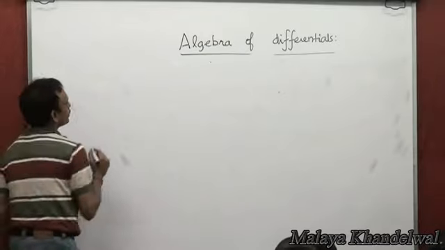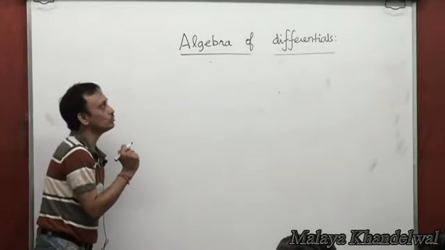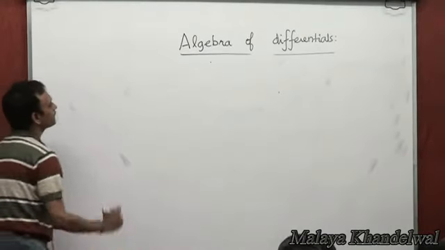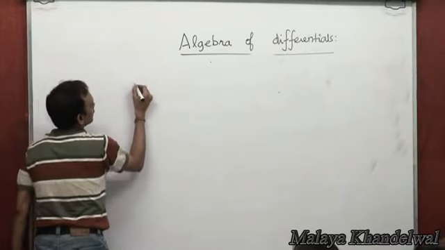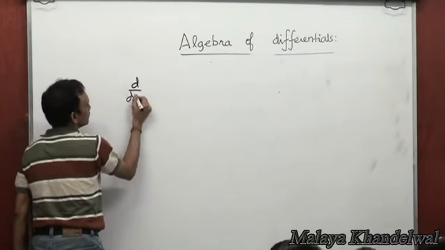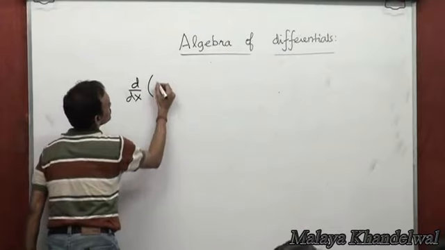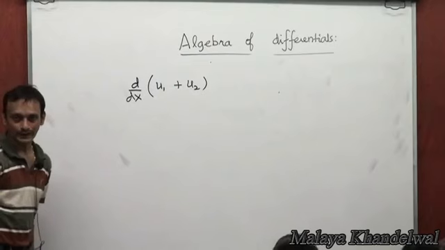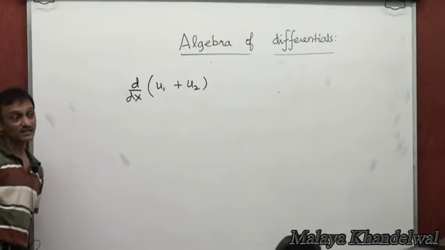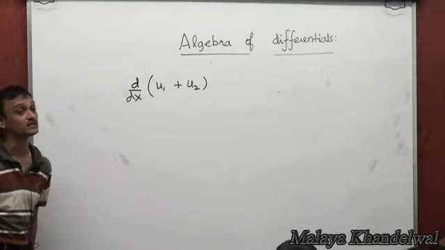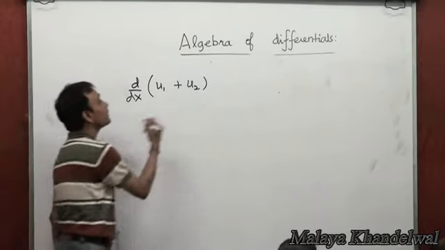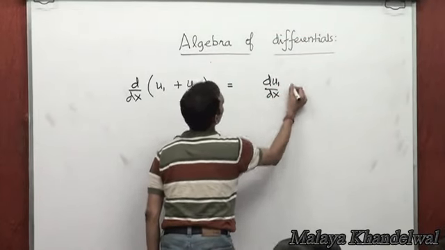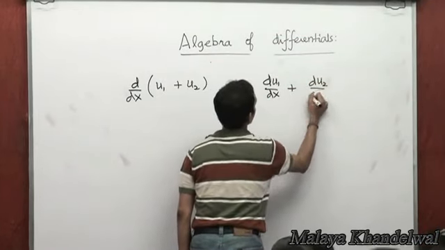Now, some algebra related to differentials. Suppose there are two functions, u1 and u2, two functions of x. d dx of u1 plus u2, where u1 is a function of x and u2 also is a function of x. Then what we learned in differentiation is that this is going to be du1 dx plus du2 dx.